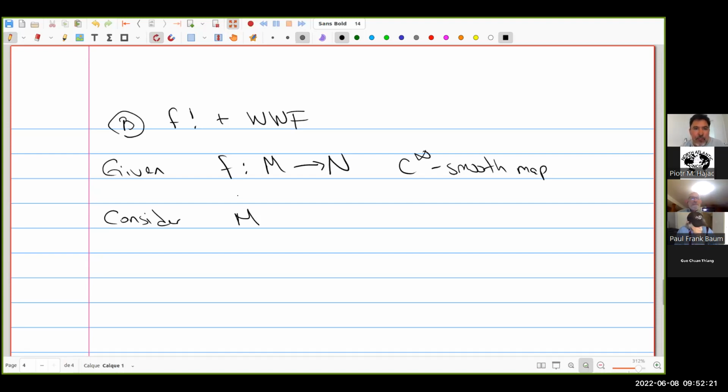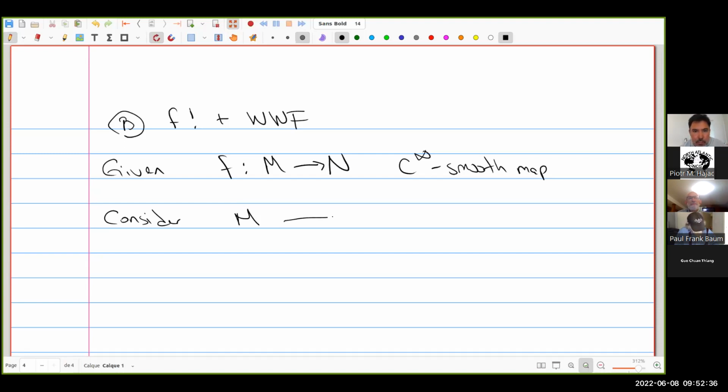Because if it was a submersion, usually Schrick maps, for example, are the counterparts of integration along the fibers. But since we are not assuming anything, I need to do something else.